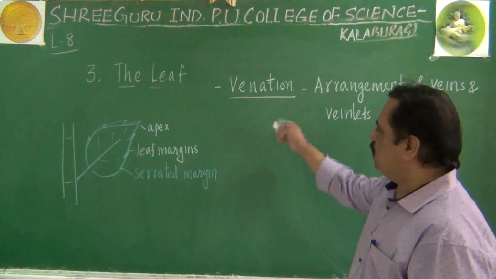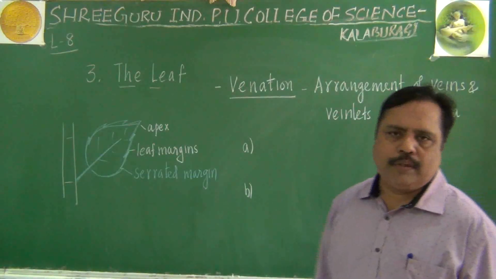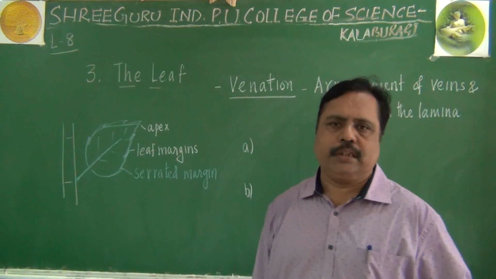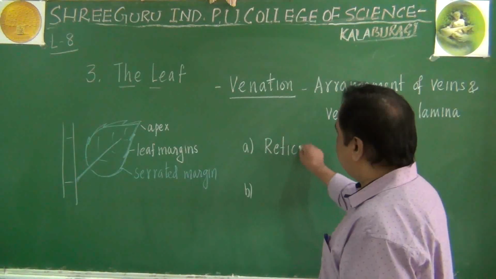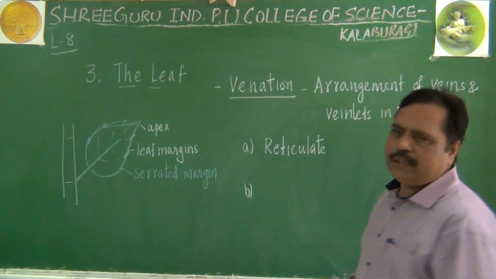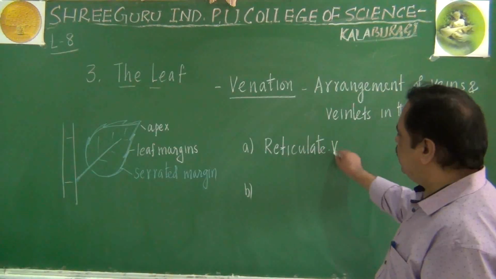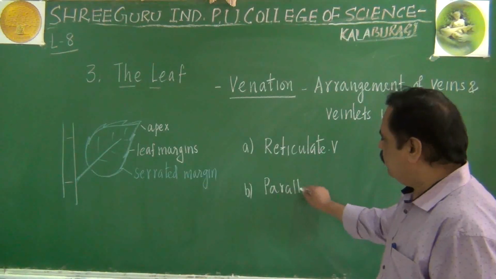Here we come across two types of venation in the leaf. One type is called reticulate venation. The second one is called parallel venation.